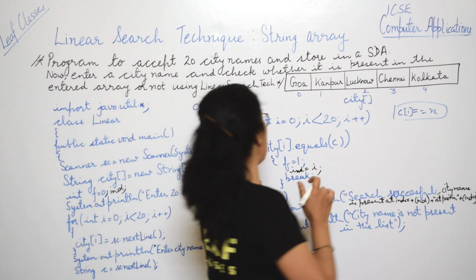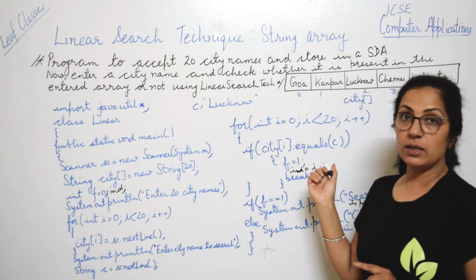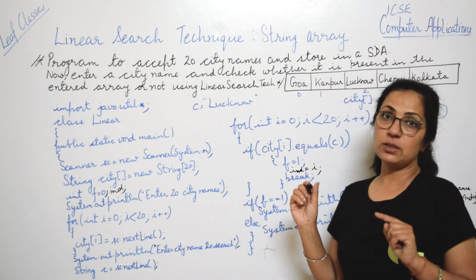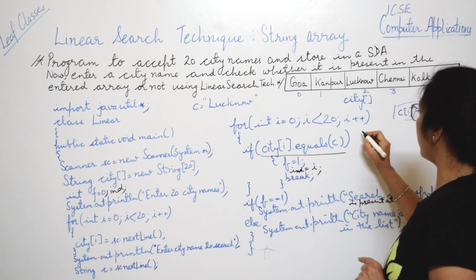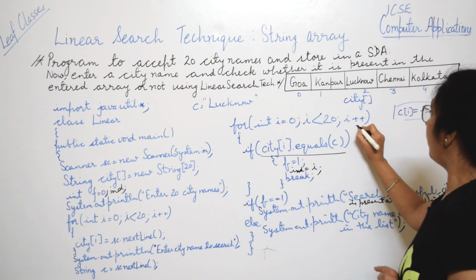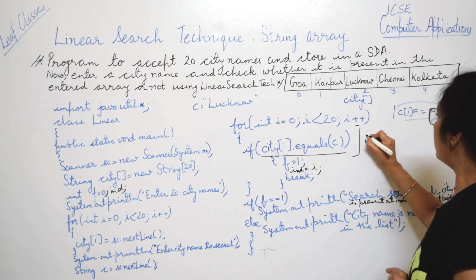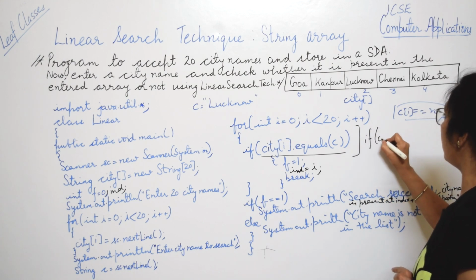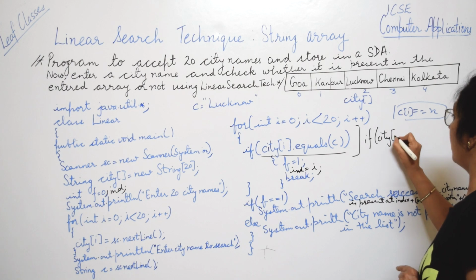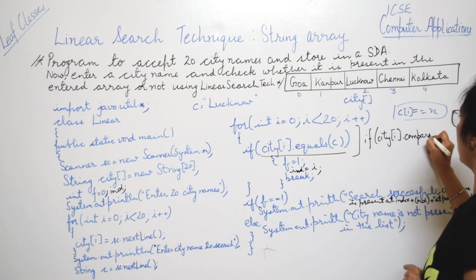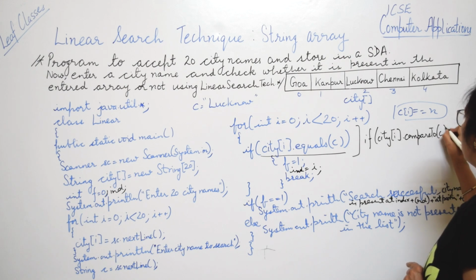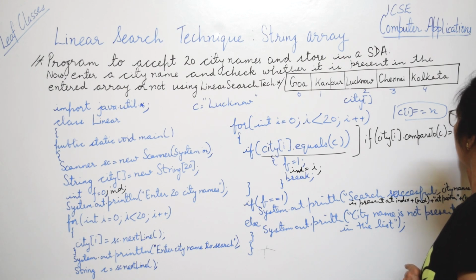Now children, here I told you that you can use equalsIgnoreCase if in the question it is mentioned to ignore the case. Or in place of this, if you want to replace it with compareTo, you can also write if city[i].compareTo(c) is equals to 0.